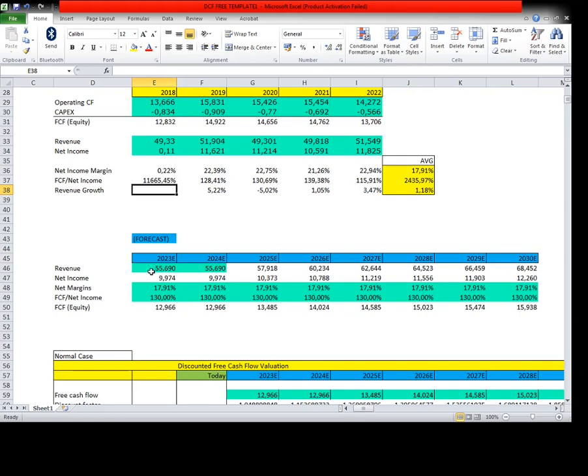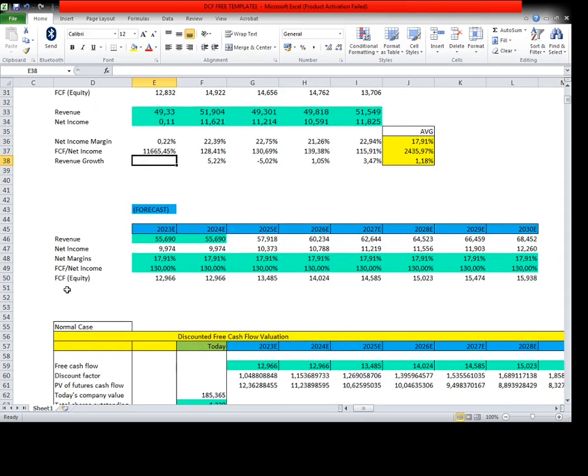The forecasted revenue for 2023 is $55,690,000,000. We will use that same number for the next year, and then the template calculates the net income for us. We log in our net margin and what we agreed about the free cash flow to net income ratio, and then we have the free cash flow to equity forecasted in the future.